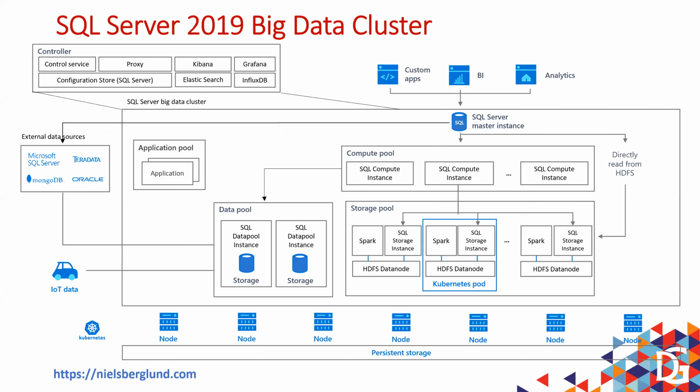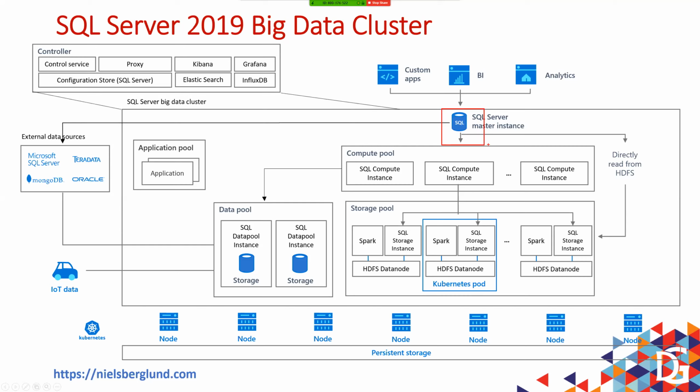Right, and this kind of scary image, as I call it, shows what a typical SQL Server big data cluster looks like when you're installing it. Here we have the thing that we call the controller, and this part here is the SQL Server that we normally work with. That is now the server instance that we are working with in a normal SQL Server installation.